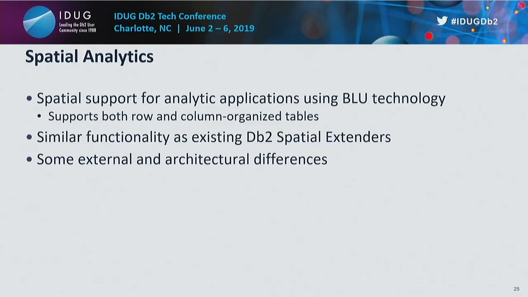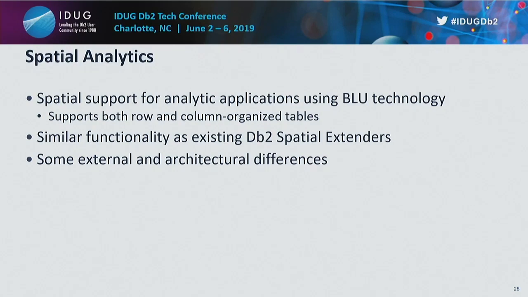The next item that's coming in 11.5 is something called Spatial Analytics. This is very similar to the spatial extender support that has been in DB2 for many, many releases. The main capability here is that it's going to be supported for column organized tables, which is something the current spatial extenders couldn't do.